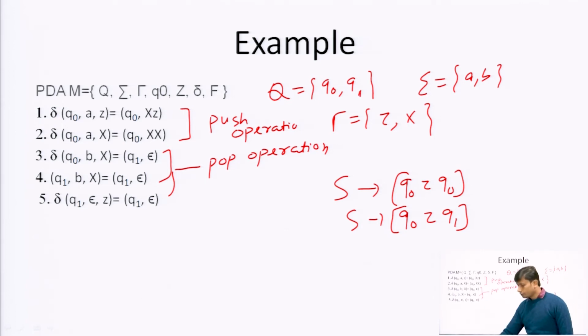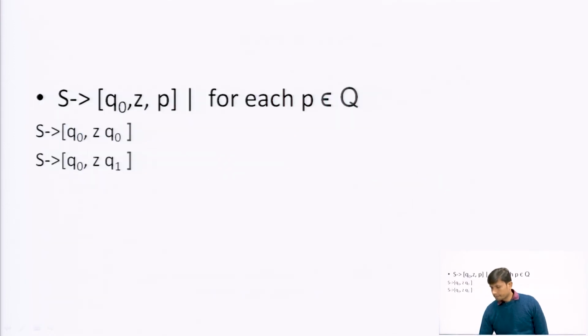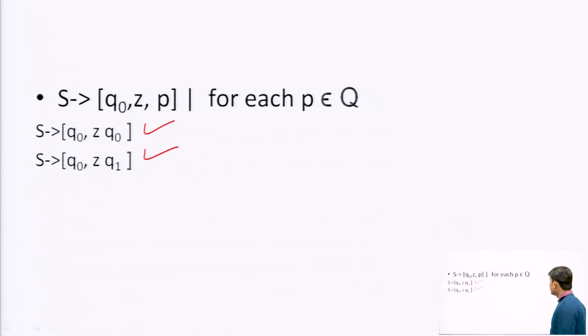So as per the rule, S derives [Q0 Z P] for each P belonging to Q. Whatever states are in the push down automata should all be derived from the starting symbol, with Q0 the initial state, the stack bottom, and the state. So these two are productions.